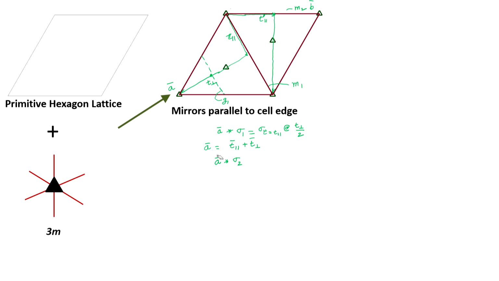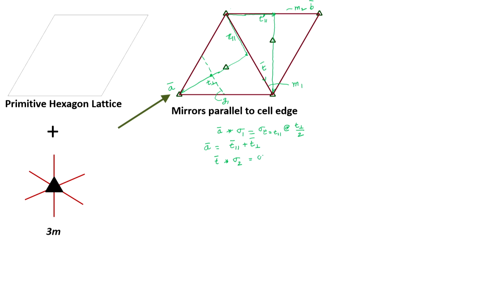I am not taking the vector A, but rather the diagonal translation from one corner to the other corner, and let us call that the vector t. Therefore, I do a reflection operation sigma 2, followed up with t, and we want to look at what is the result.